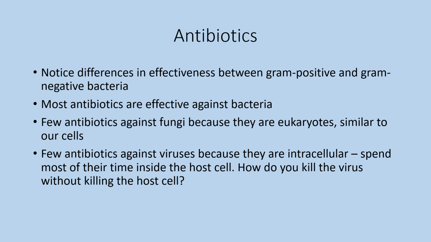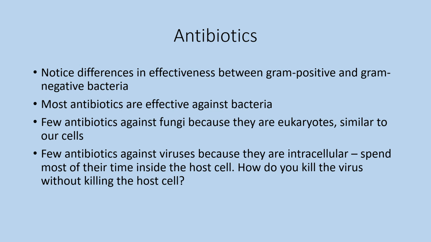Just so you know, most antibiotics that we have are effective against bacteria. There are a few antibiotics that are effective against fungi, but it's harder to develop antibiotics that are effective against fungi. And the reason for that is because fungi are eukaryotes. So are our cells. So the fungal cells are similar to us.